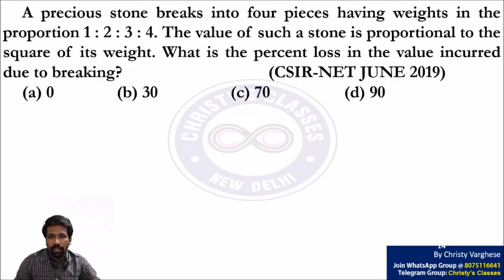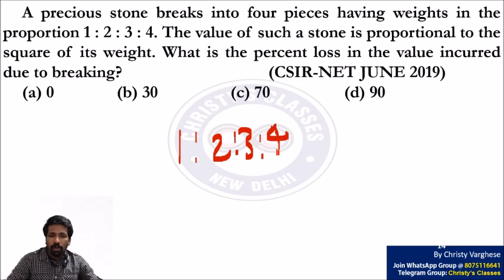June 2019 problem. All of you try this. Let's see whether it is correct. Here you can do it in different ways, but the best way is the example method. A precious stone breaks into 4 pieces having weights in the proportion 1:2:3:4.